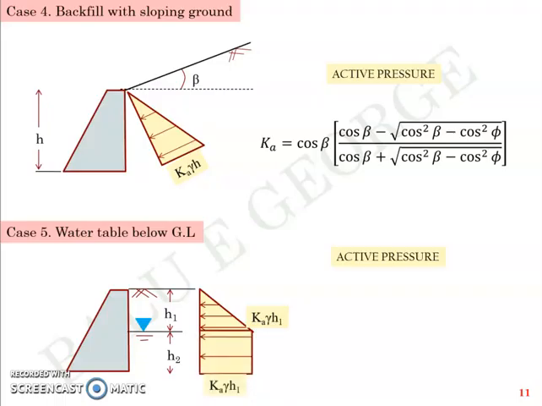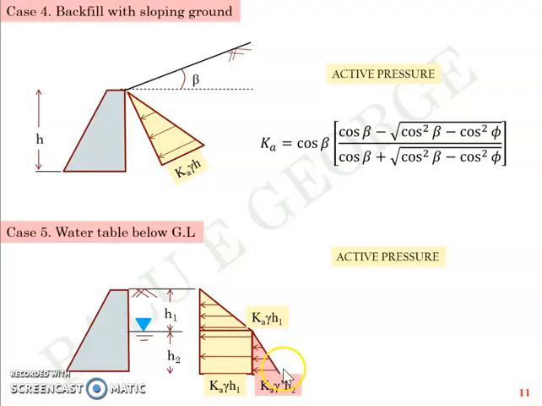It's quite similar to the Ka into Q we discussed earlier. Plus, we have another triangle which starts at the interface and varies linearly with h2 height to reach a value of Ka gamma dash h2, which means this portion takes into account the submerged density and the height h2.